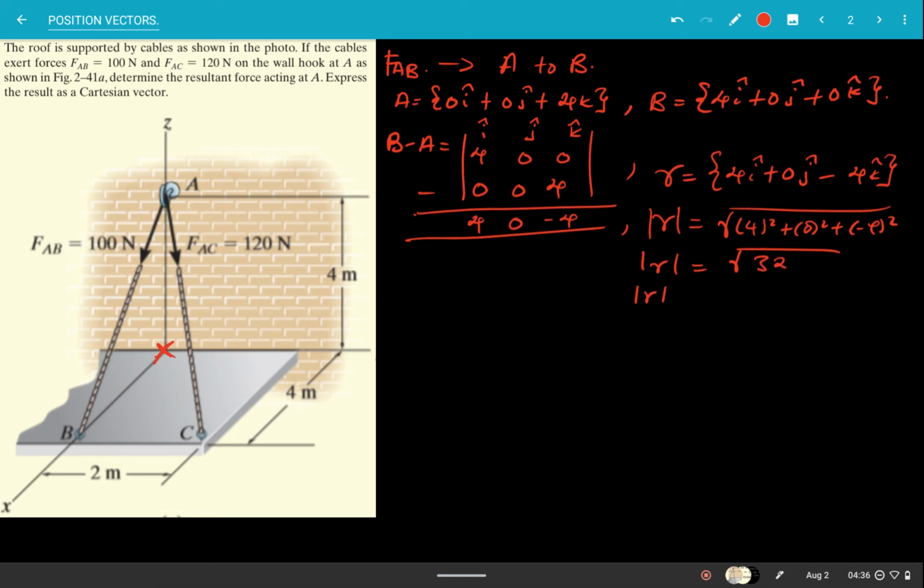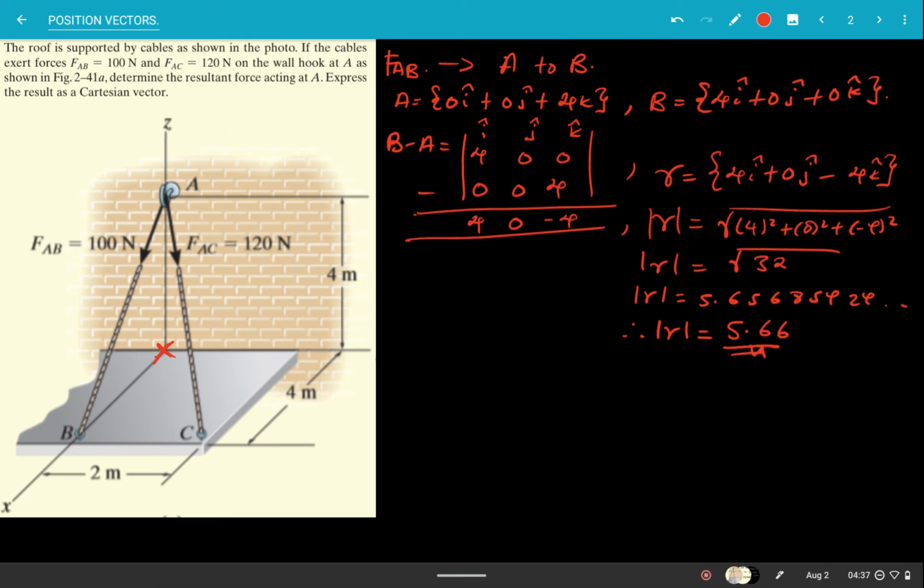The root of 32 will give us 5.65685424, and it keeps on going like that. If I round off, I'll keep all my answers corrected to two decimal places. So the absolute, or the length of the chord, will be 5.66.